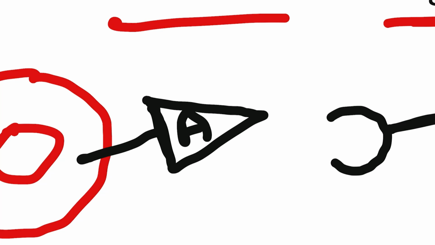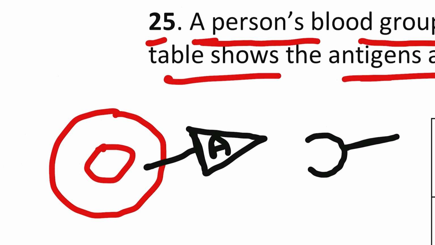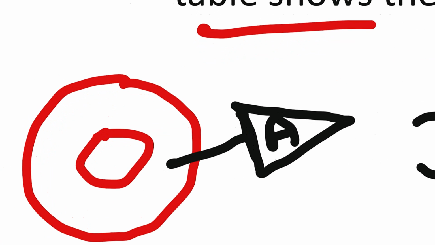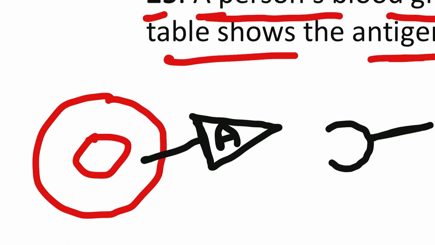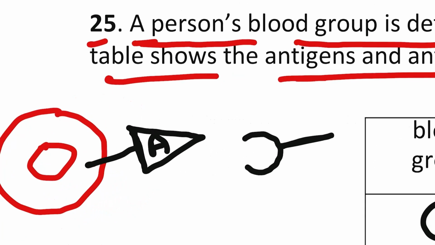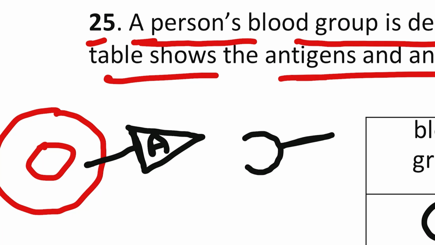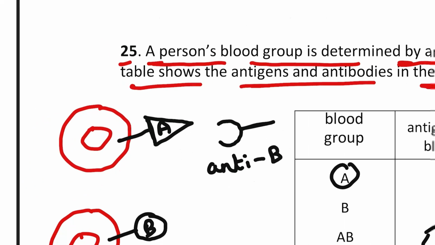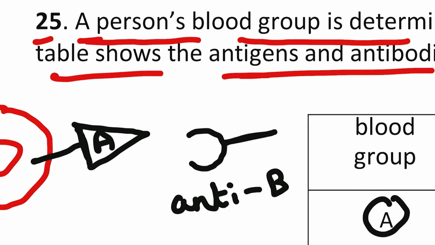Antibodies are produced against foreign antigens. So if any person has blood group A, the person will have A antigen and will have antibody against B antigen, because for the person with blood group A, the foreign antigen will be antigen B. So the antibody will be against blood group B.